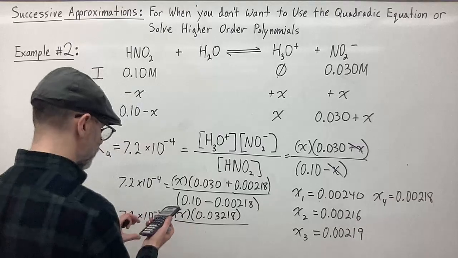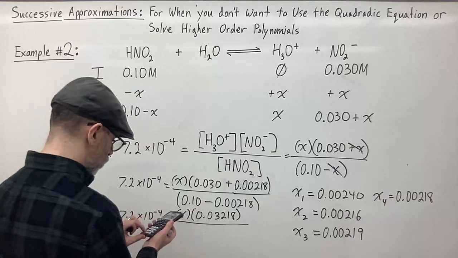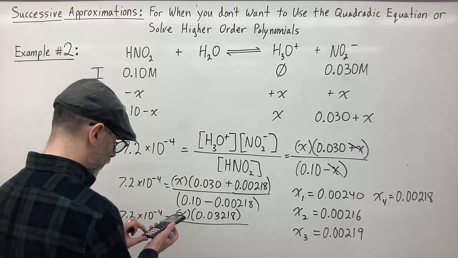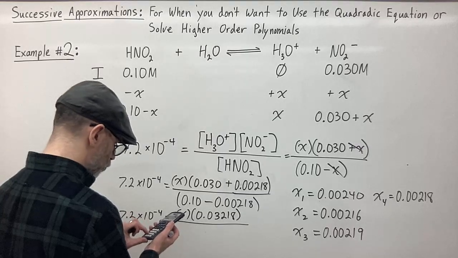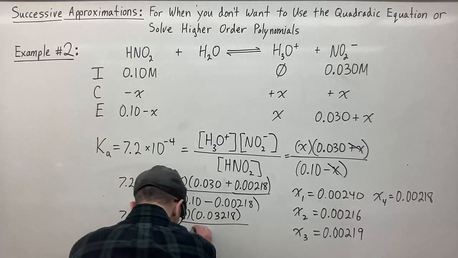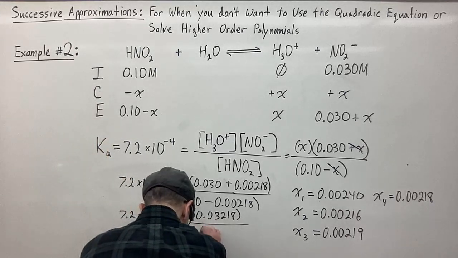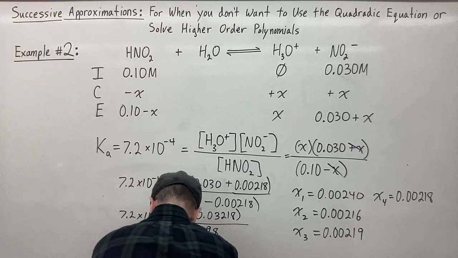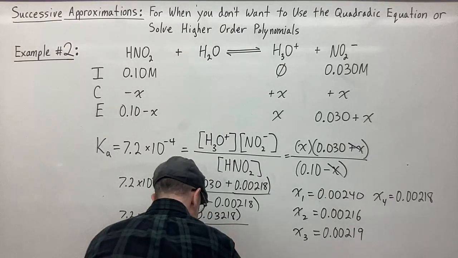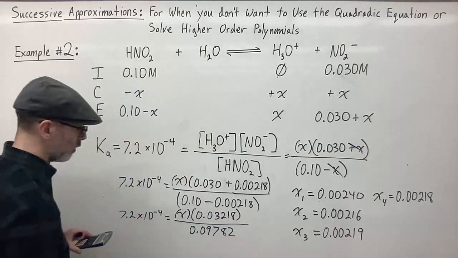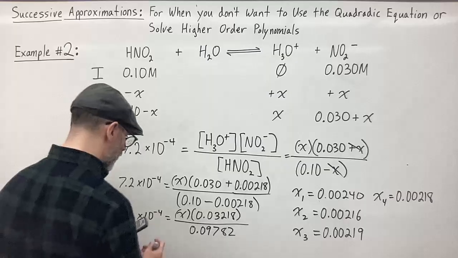And so now I'm going to take this one, 0.10 minus 0.00218 equals, and then I'm going to get 0.09782. Okay, so now I'm going to divide that.